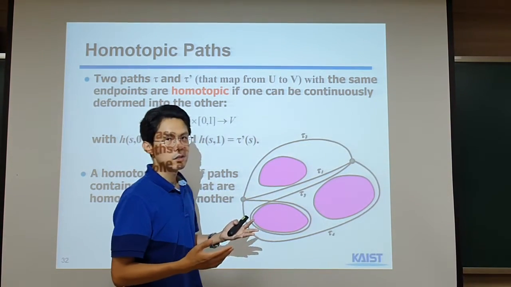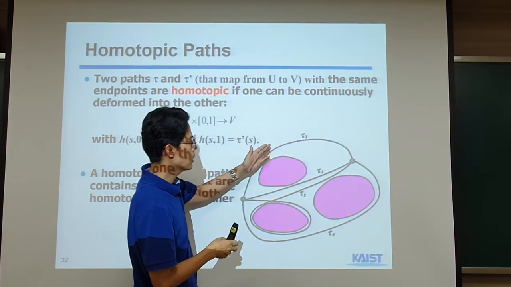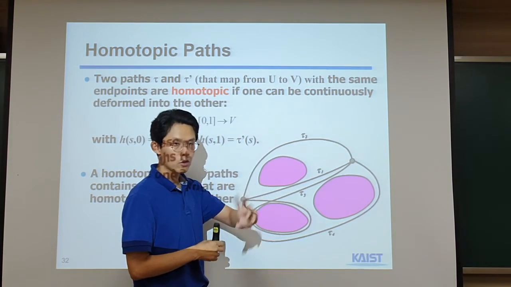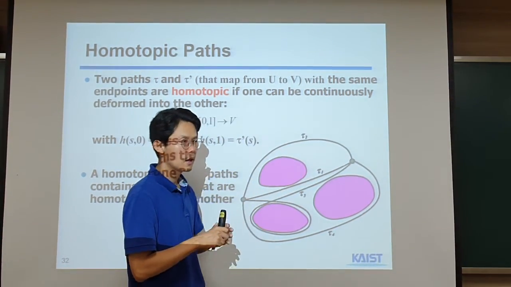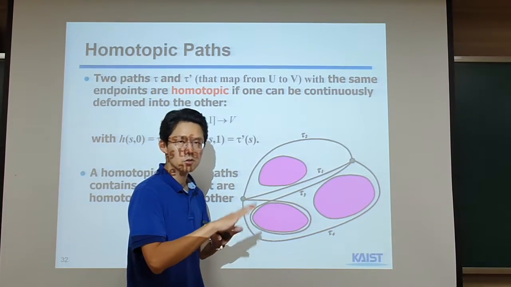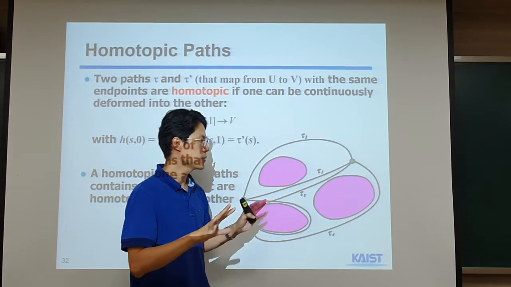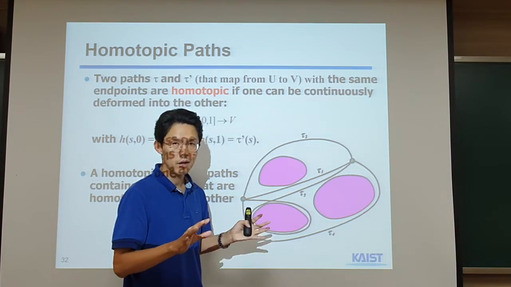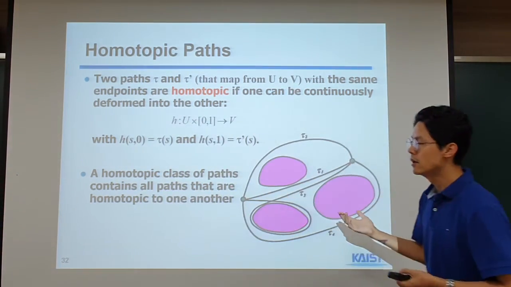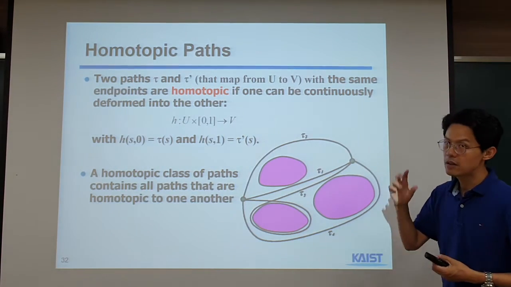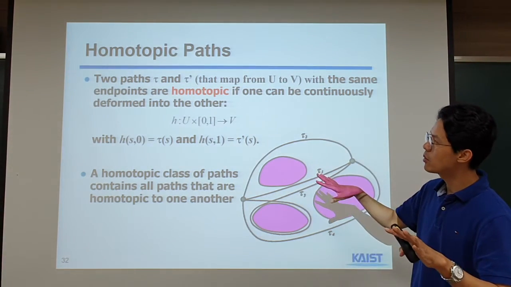Why? Since we cannot deform the path into a different homotopic class, it means that we cannot deform this path into that one. It means that we find a very different topology of the C-free space, and there is potential that we can have better paths over there. So it's very important to try out different homotopic classes.